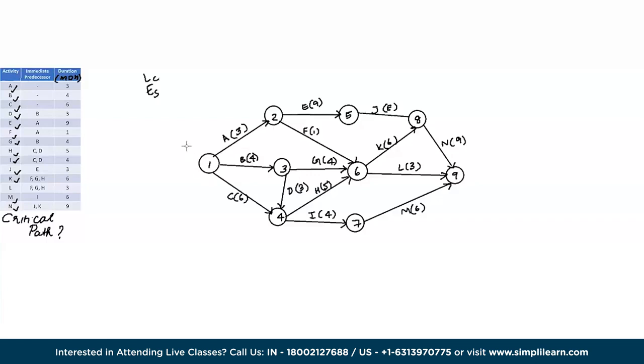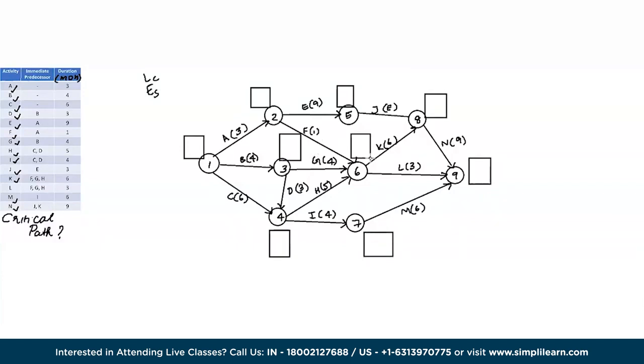So we'll create boxes for each of these nodes. There you go. And each of these boxes need to be divided. So in these boxes, the lower half represents the earliest start time and the upper half represents the latest completion time. So first off, we'll find out the earliest start time.